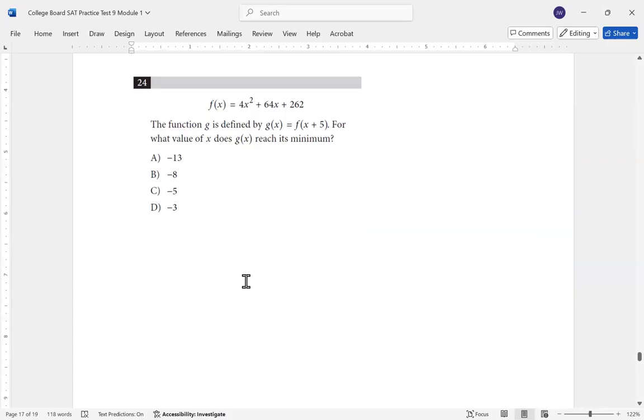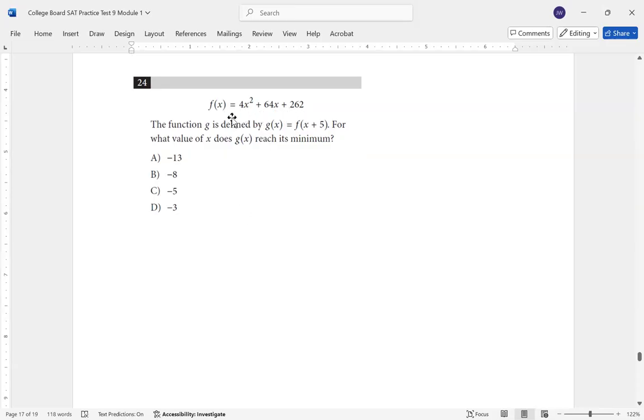Question 24. The function g is defined by g of x is equal to f of x plus 5. For what value of x does g of x reach its minimum? If you wanted to, you could replace all of these x's with x plus 5 and then simplify if you'd like. I'm actually going to do it a different way.